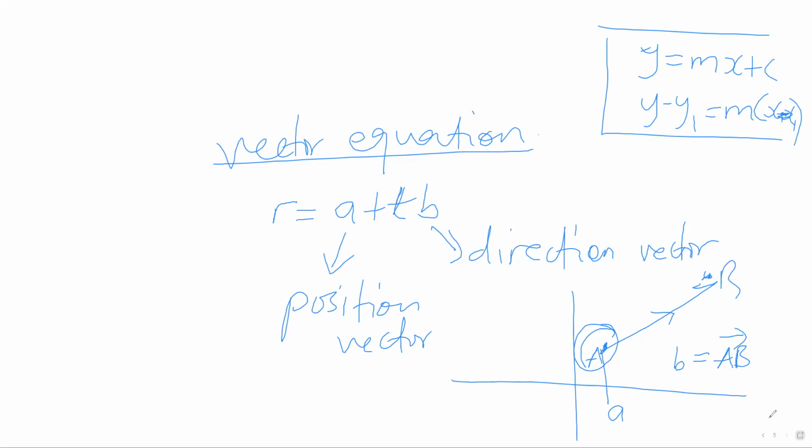That's your direction, you're moving from A to B. We know how to get this from the previous class. The position vector will always be this starting point, and A is just a point on the line. So that will be the vector equation of this line.